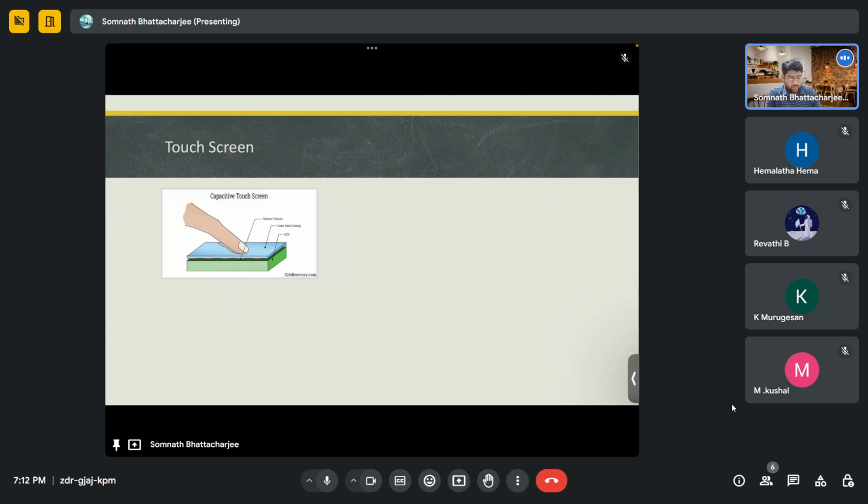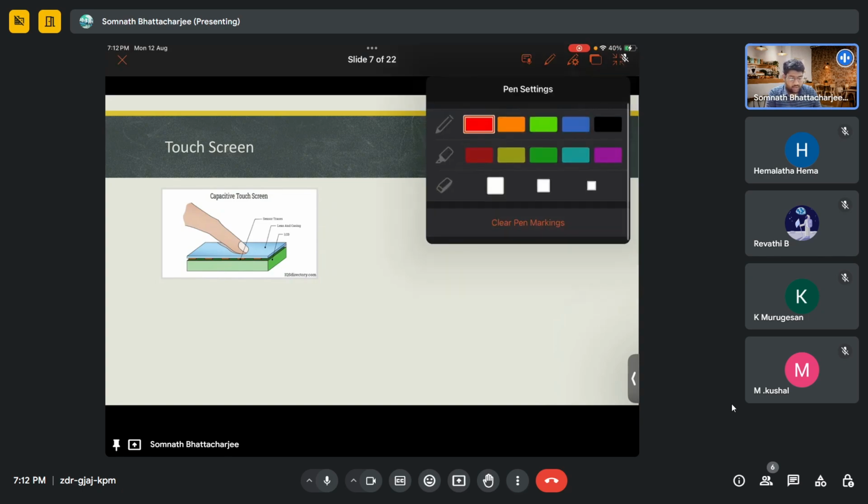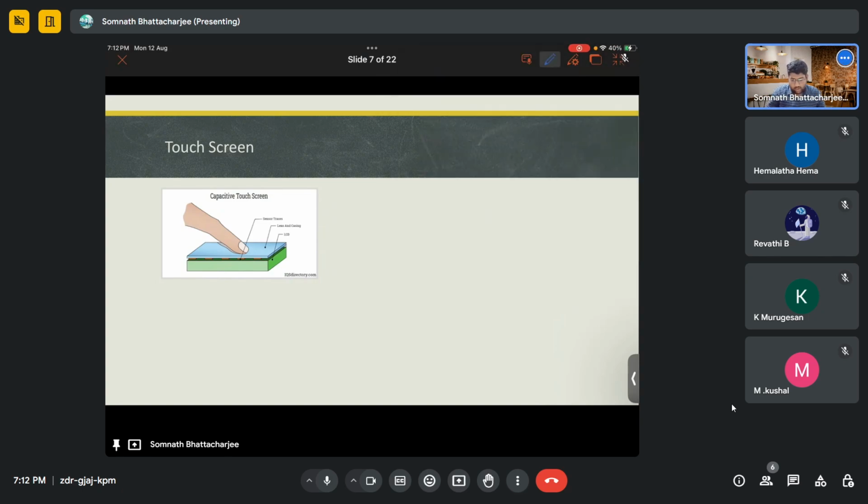First we need to know the basic structure of a touch sensor. It's clearly visible that there is a lens and casting, and on top of that there are the sensors. Whenever you put your finger on top of this, it changes something.